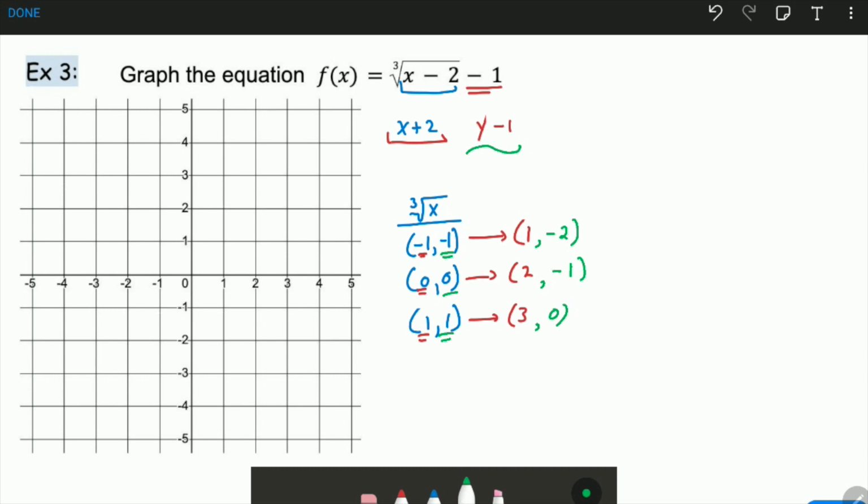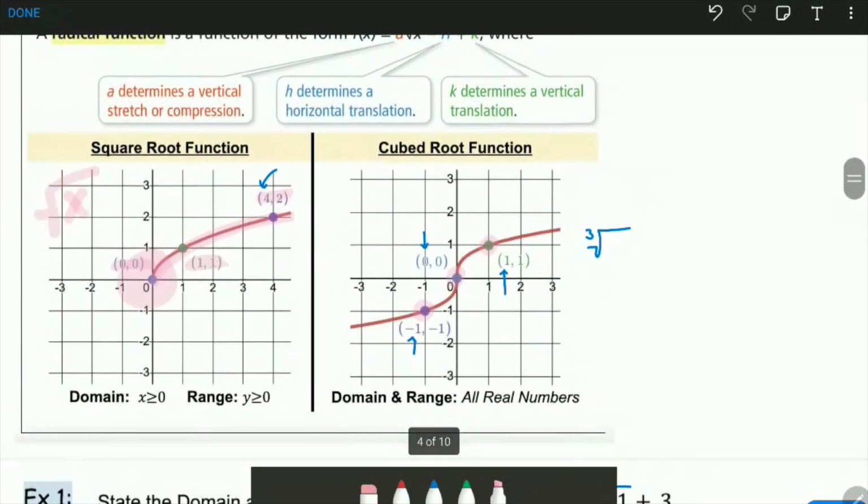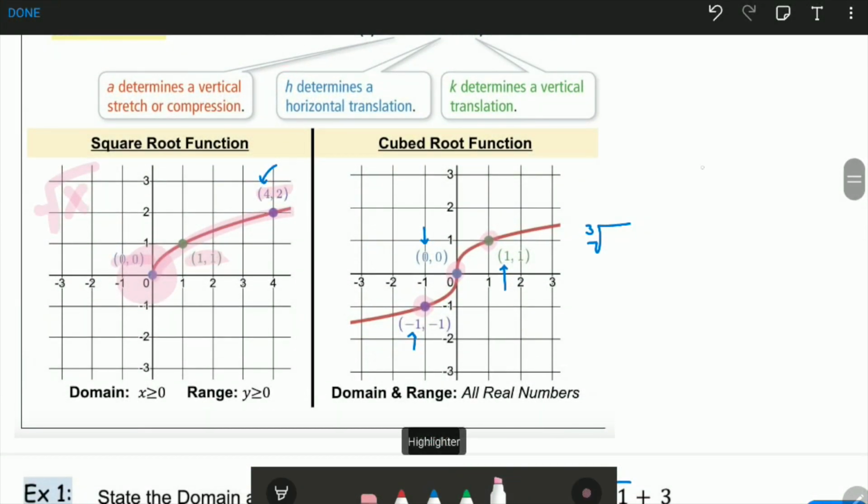We'll go ahead and plot each of those points. 1, negative 2. 2, negative 1. And 3, 0. For the shape to draw this through, the shape of the cube root function, I like to think of it as an S that's been kind of pulled out this way and out this way so that the middle part almost becomes flat.